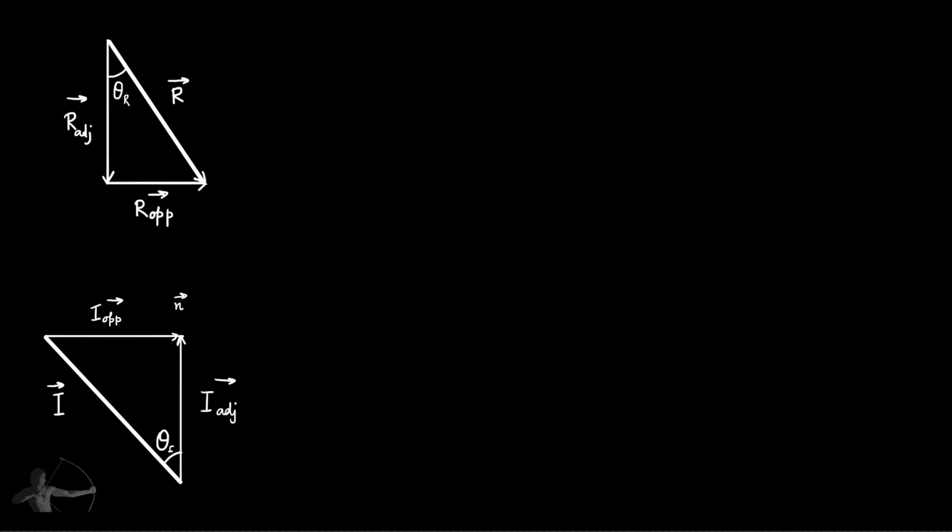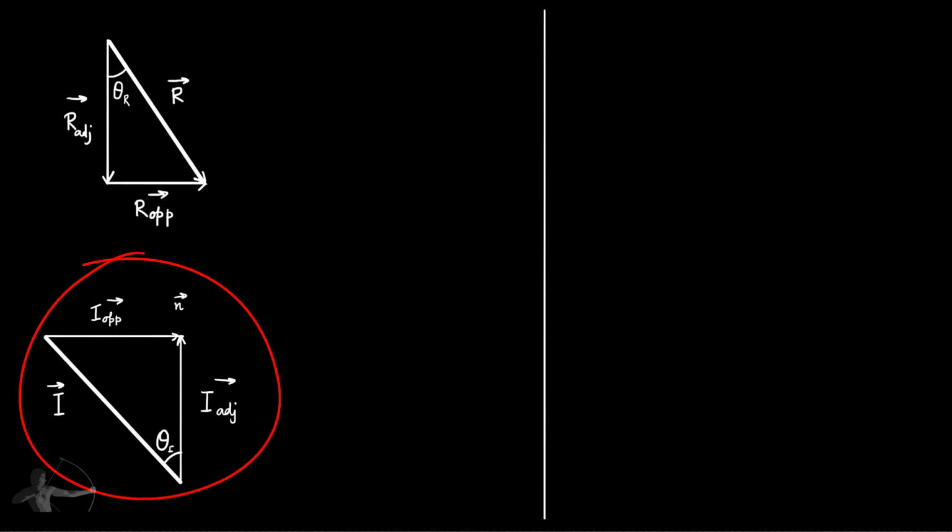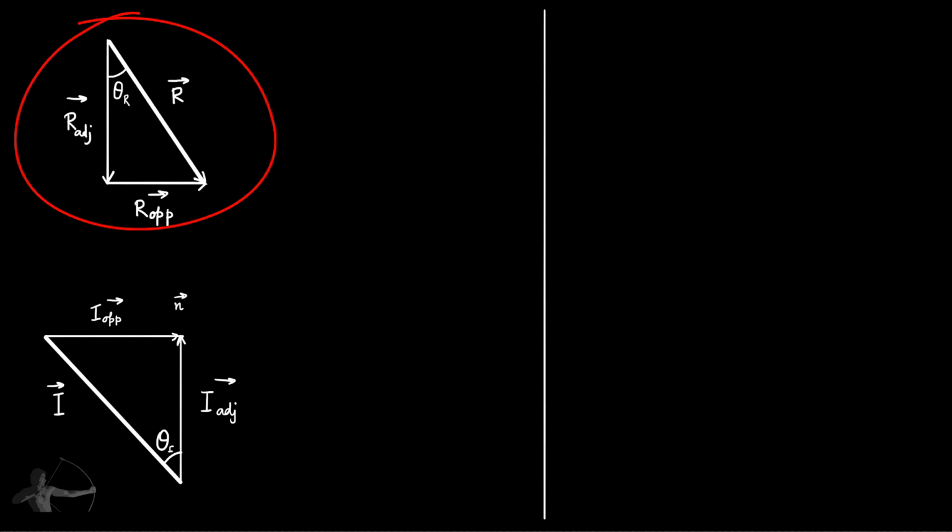So now we have 4 equations in this derivation, and now in one section we will perform the calculation of this triangle, and in one section we will perform the calculation of this triangle. So the second component of the equation that we have to find is R adjacent.